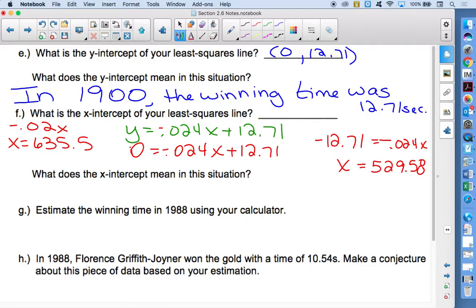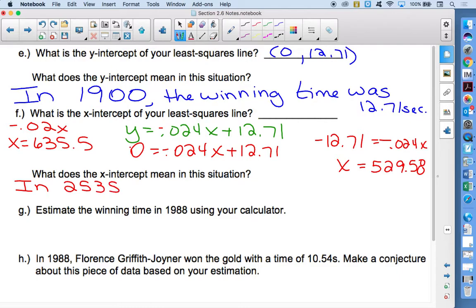So if you rounded and you used 635.5, David, what year would that actually be? So if we started in 1900 and we're going ahead in time 635 years, what year is that? 2435. You're so close. 2535.